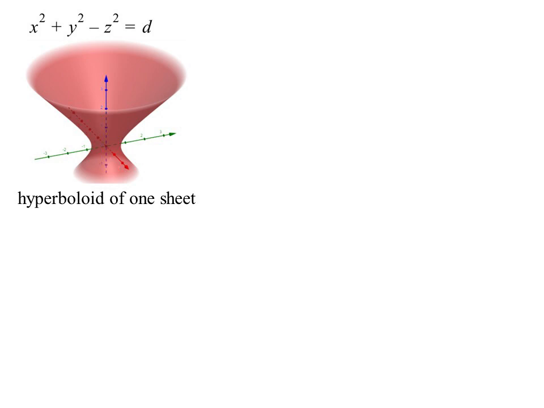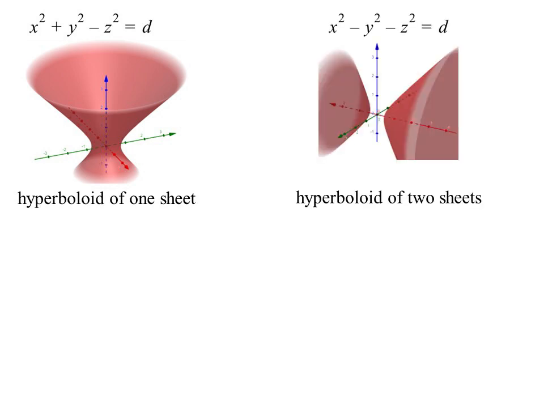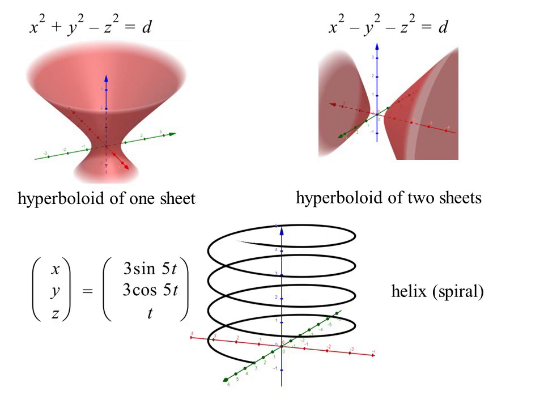As opposed to a hyperboloid of two sheets, it's still the same hyperbola, but you see the surface is now going away from the shape instead of inside the shape. And what's the difference? Both y squared and z squared are negative now. It's not just one of them, two of them are negative. So that's what we call a hyperboloid of two sheets, which brings me to the helix, or DNA if you like.